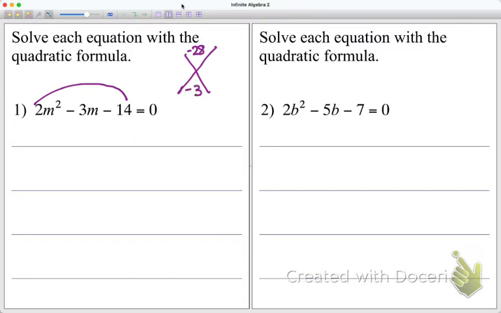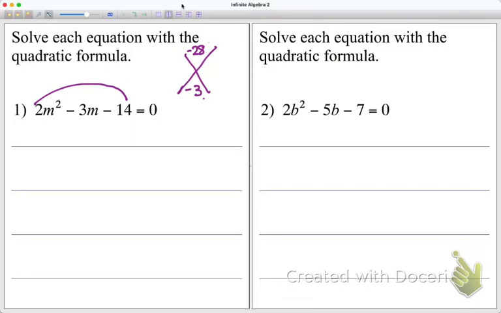Yes? Okay, so now we need the factors of 28 that have a difference of 3. 7 and 4. It'd be negative 7 and 4.